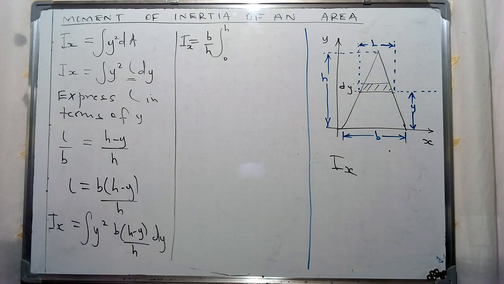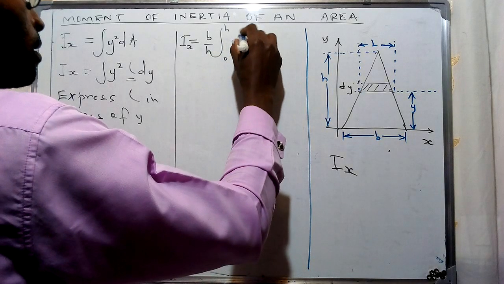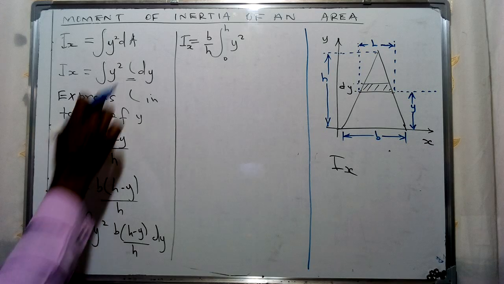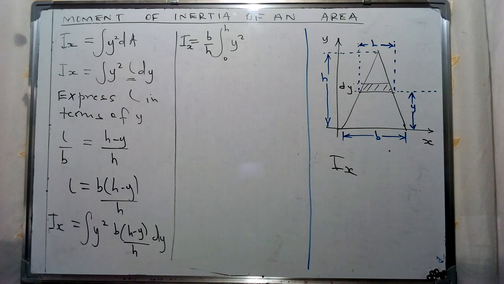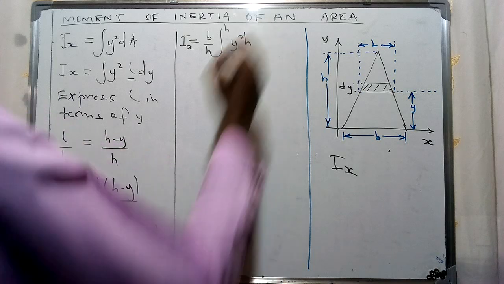And in this case, this is going to be given in terms of the square of y from this particular part, and then we shall have this particular element of h given in terms of h.